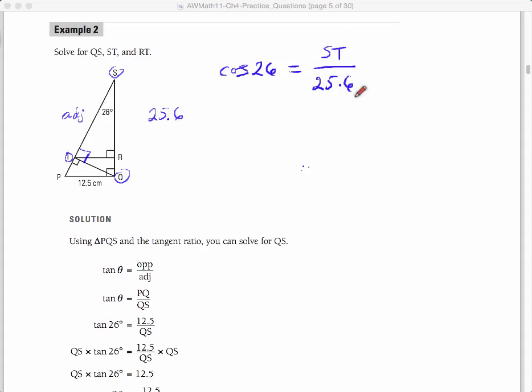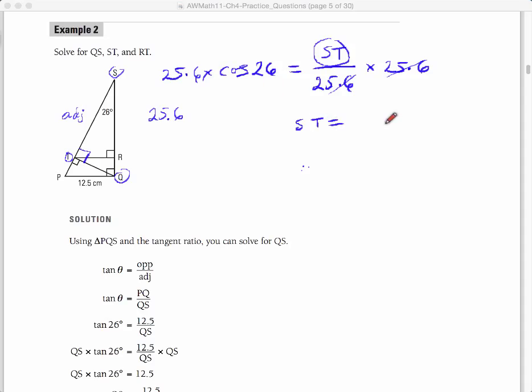Now we want ST. Now notice ST is being divided by 25.6, so we have to multiply both sides by 25.6 so that the 25.6 denominator cancels. So ST is 25.6 times cos 26.